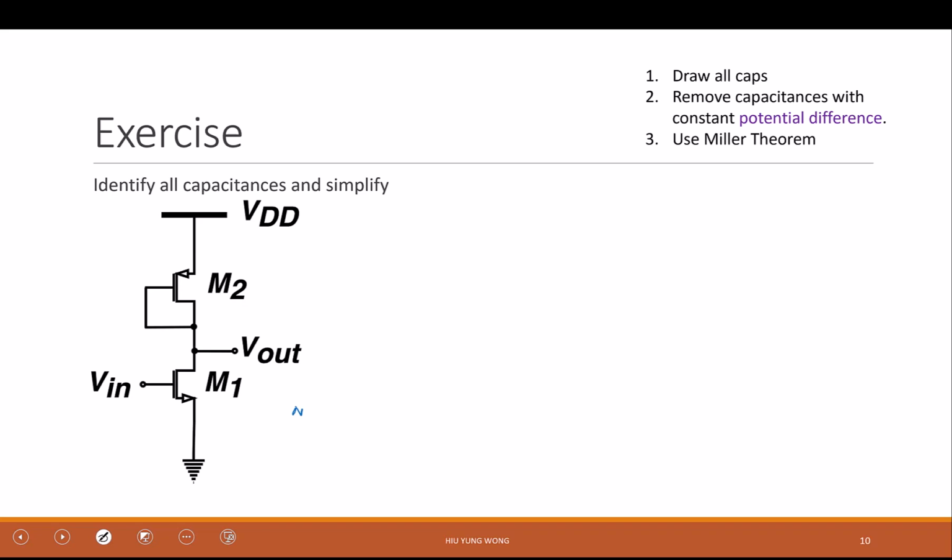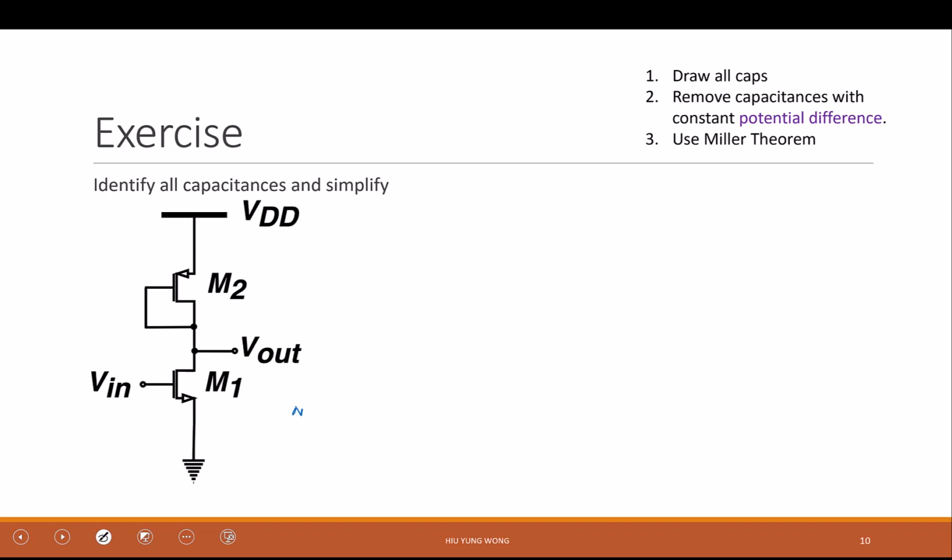We can do the exercise. For this setup, we first want to identify all the capacitors and then simplify it. Now, this is all based on what you learned before. You cannot rush. Do it step by step. First, what are the transistors that we have? Bottom is NMOS or PMOS?